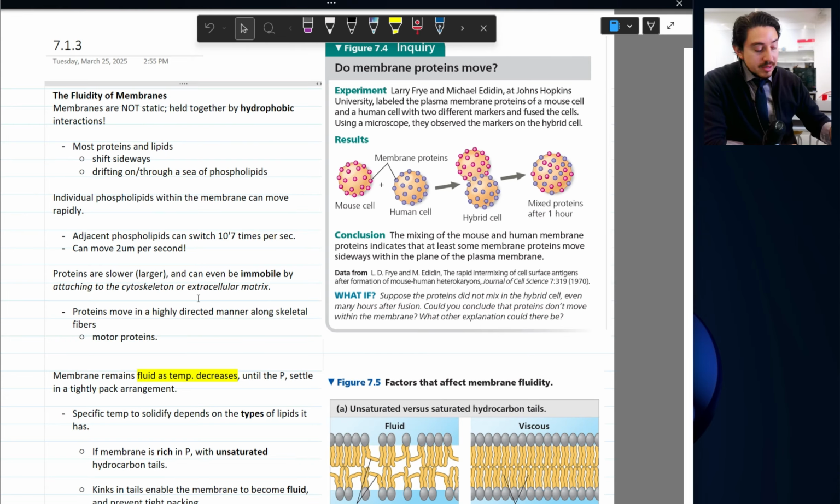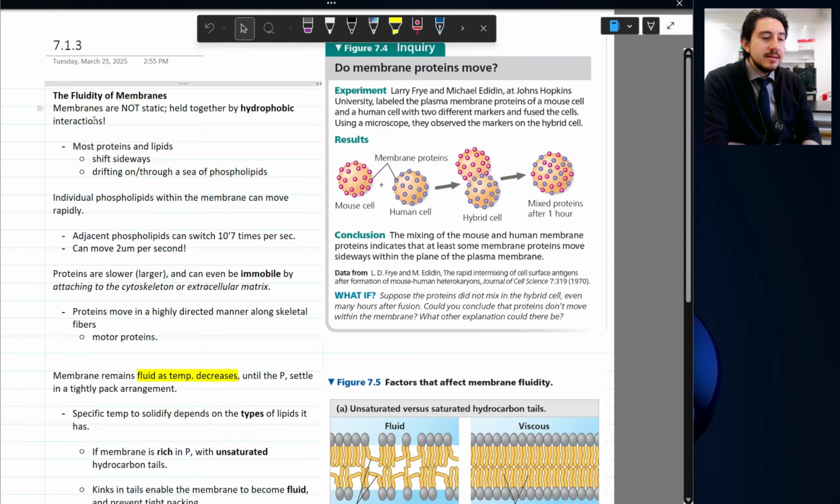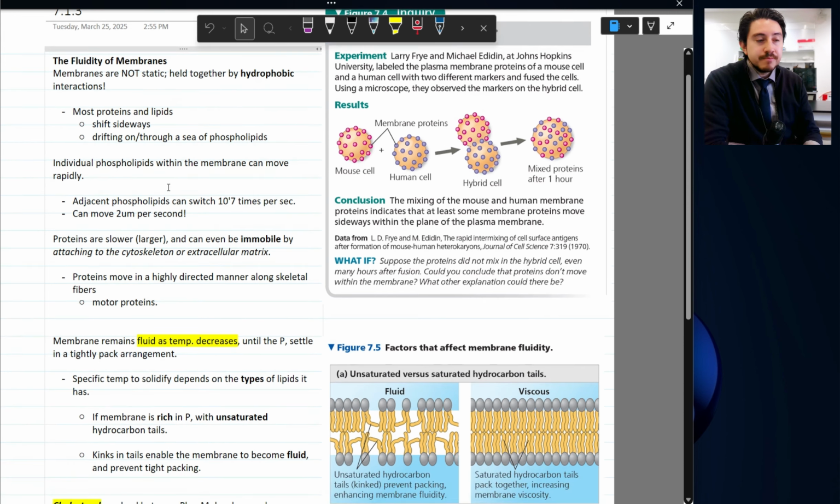The phospholipids themselves move from one position to another, and even the proteins could be moving and floating, like a boat or a raft, because of the dynamic nature of the phospholipids. And of course, these phospholipids and all the molecules are held together by hydrophobic interactions.